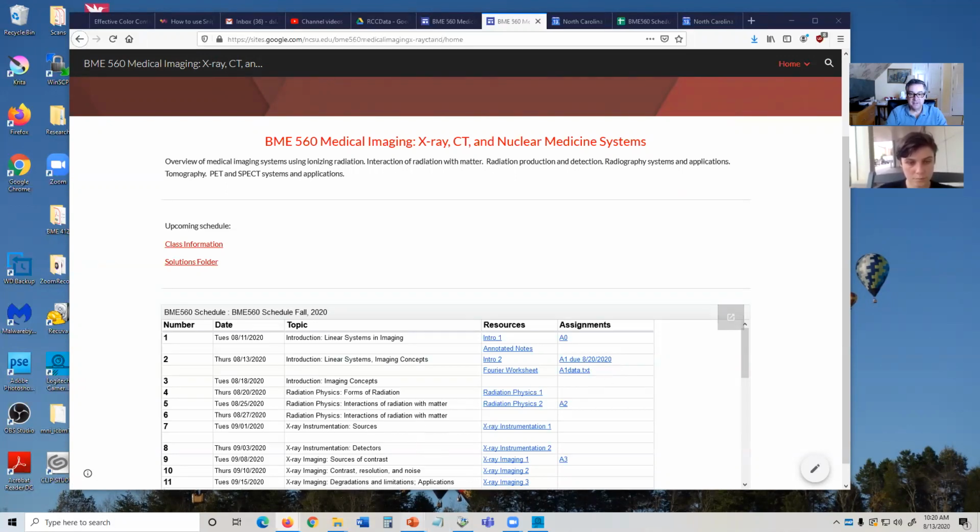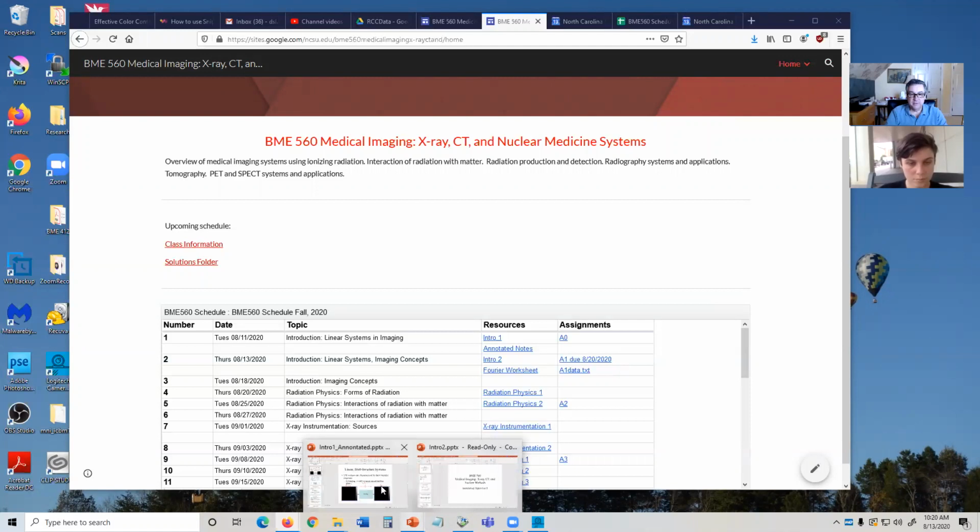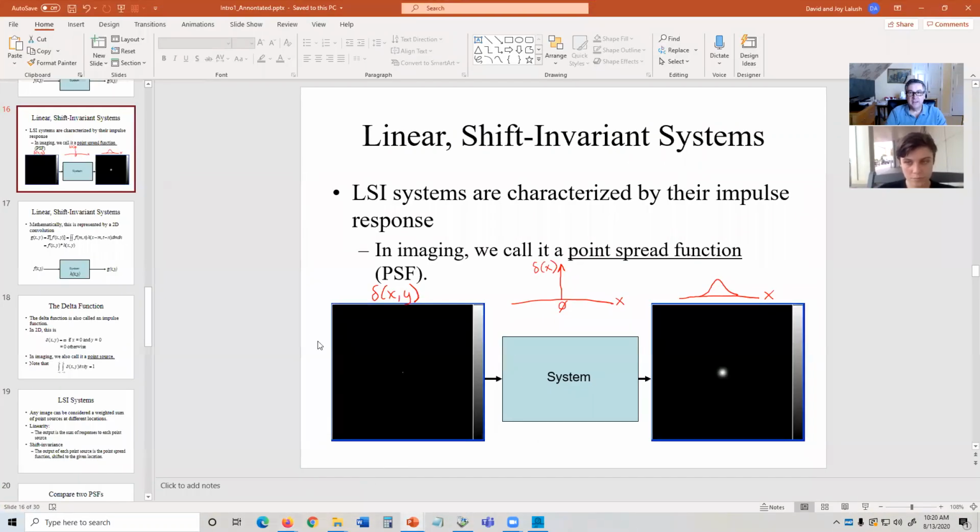So let's see where we were. Where we left off last time, we were talking about some things that go back to linear systems material.